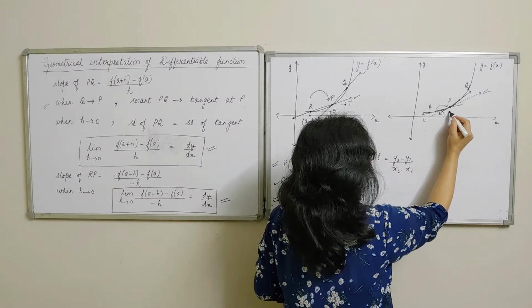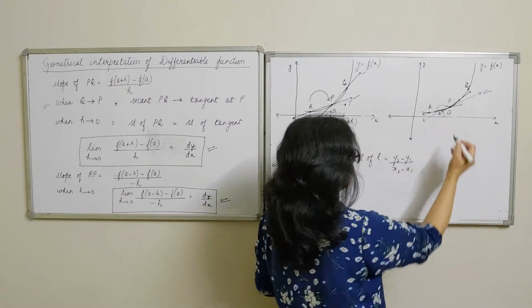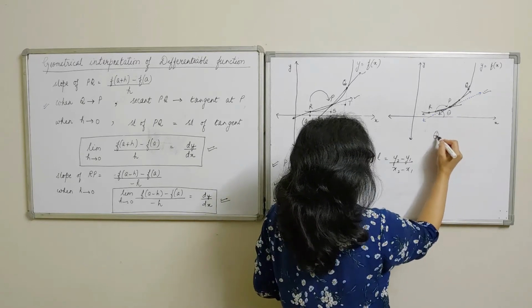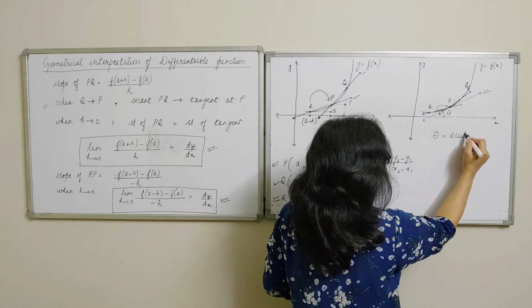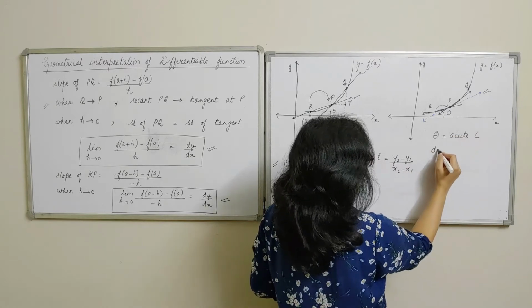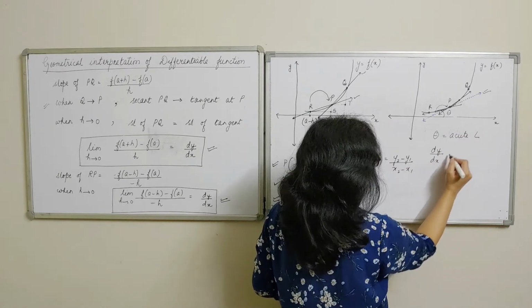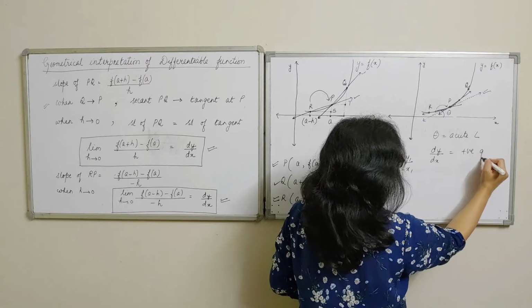This is the angle which is made by the tangent. Whenever this angle is an acute angle, the slope of the tangent, that means the derivative, is going to be a positive quantity.